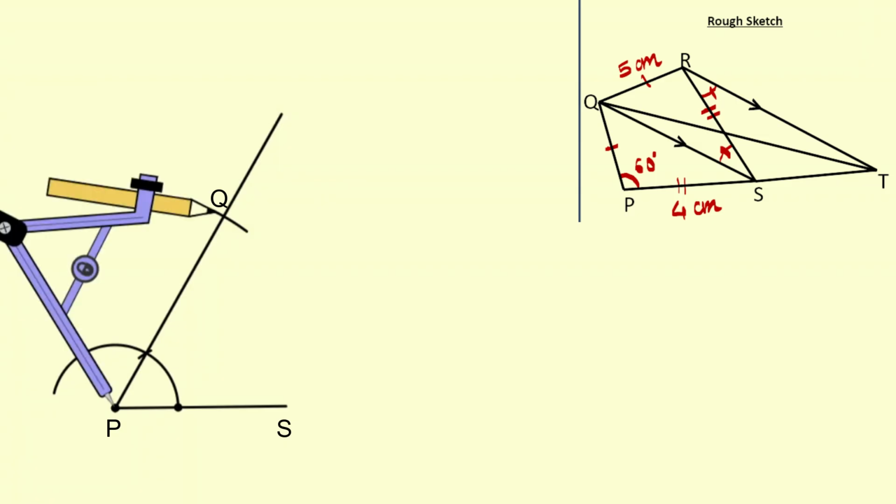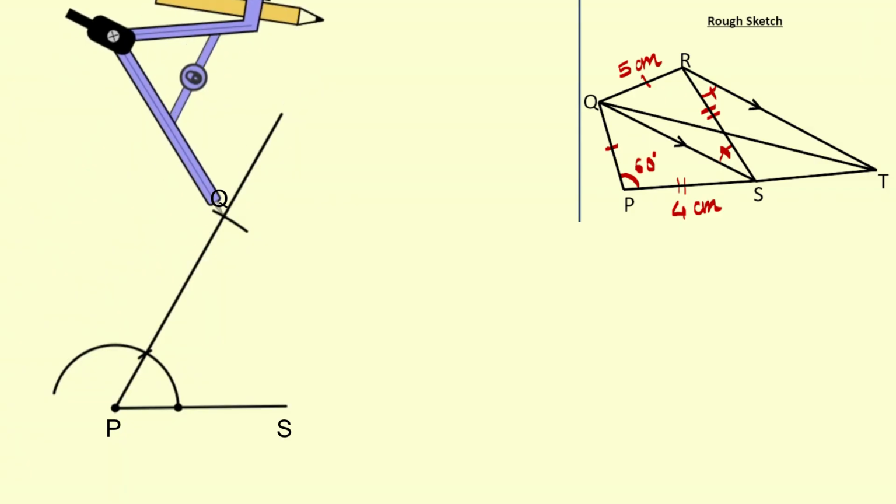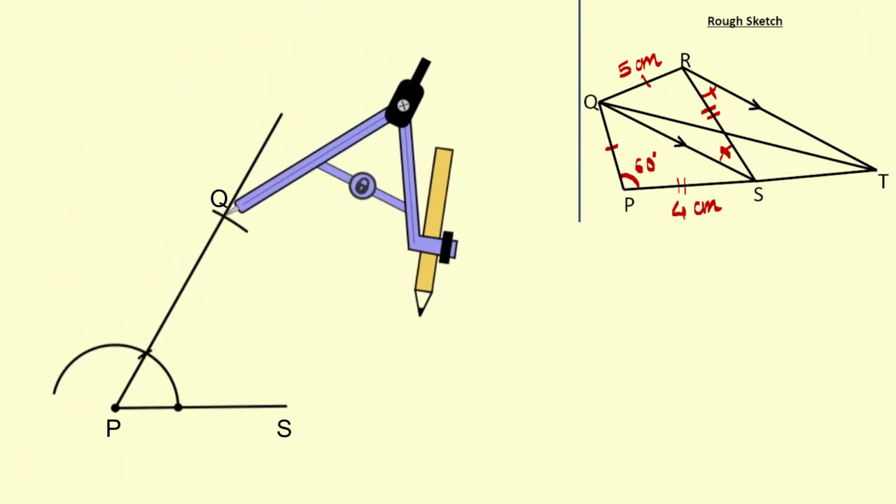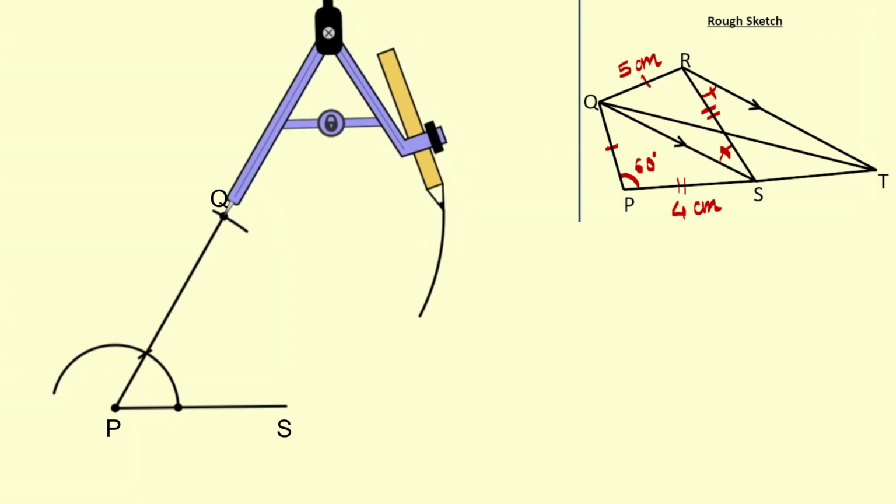Now, as per our rough sketch, PQ equals QR, and that is 5 centimeter long. So I still need this 5 centimeter arc radius. I need to put it at point Q and make an arc in the region of R. So in this arc, there lies point R, but the point is not identified yet. For that, we need to make RS line segment, which is 4 centimeter long, right?